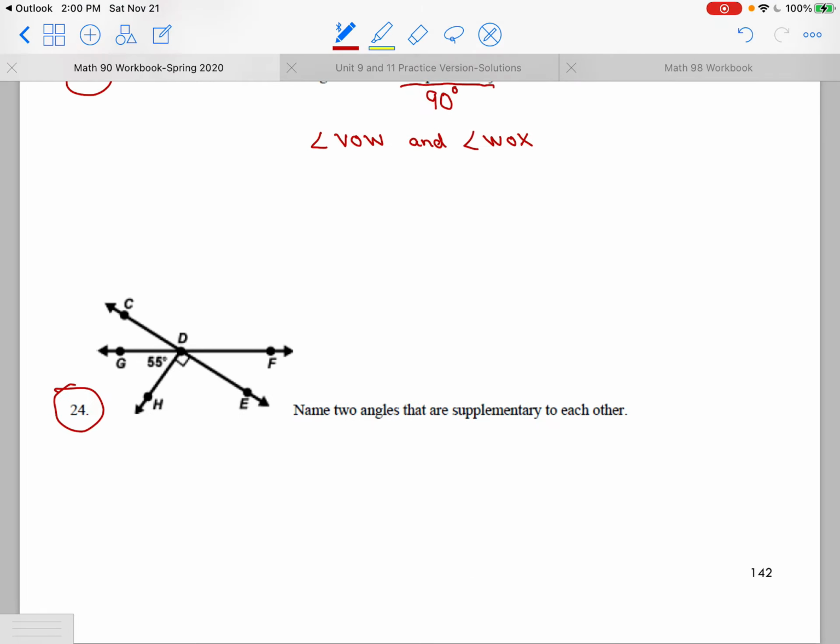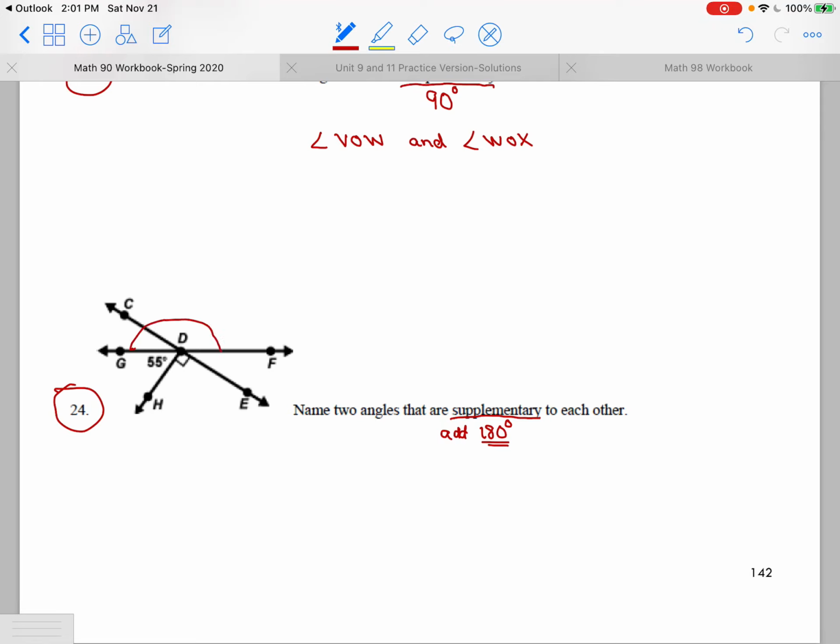Okay, we can go ahead and do this last one down here. Name two angles that are supplementary to each other. So the same idea. We want two angles that add to 180 degrees. We can look at this in a couple of different ways. You guys, there are a lot of choices here. In fact, I'm just going to draw them.